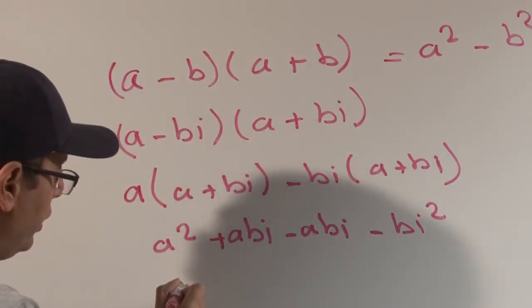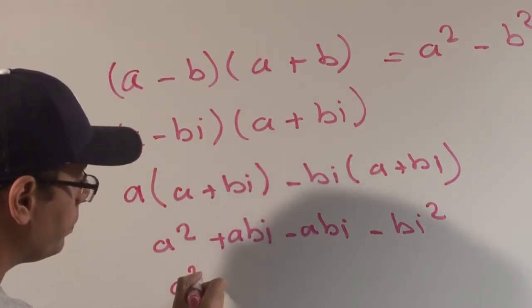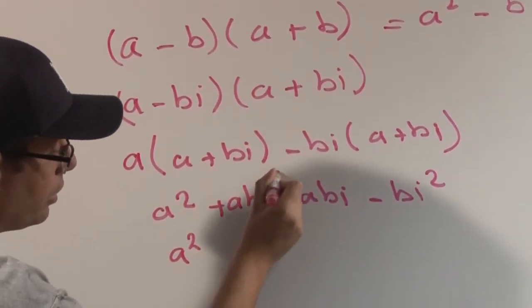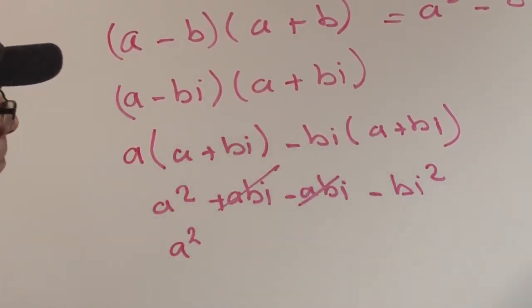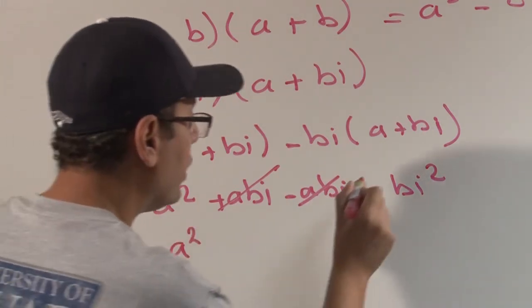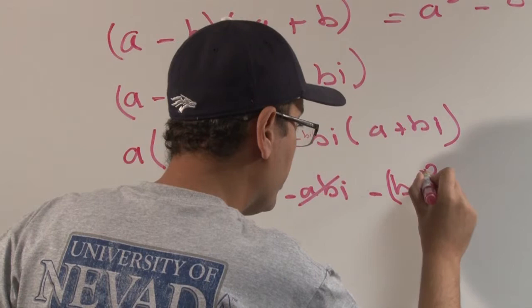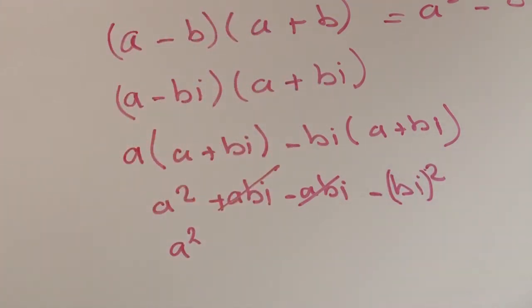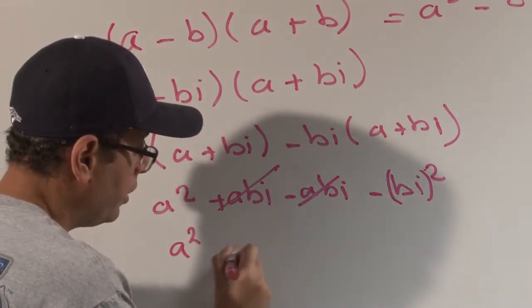So here is A squared. This is plus, this is minus, so they cancel out. And this is B squared. So this is minus B squared i squared.